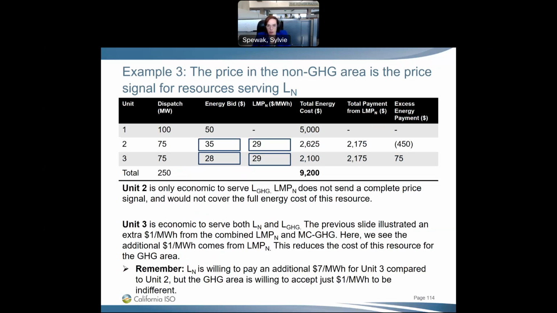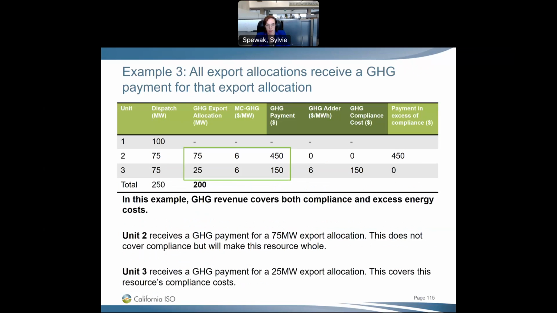Before we go onto the next slide, we'll look at this last column, excess energy payment, and remember that we need to cover compliance and energy using GHG revenue. So let's look at Units 2 and 3. We dispatch Unit 2 to 75 megawatts, and all 75 megawatts get a GHG export allocation.